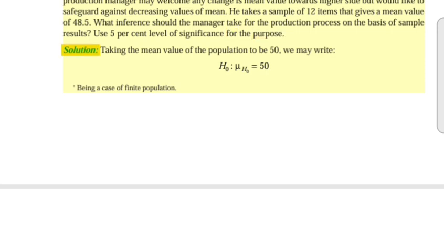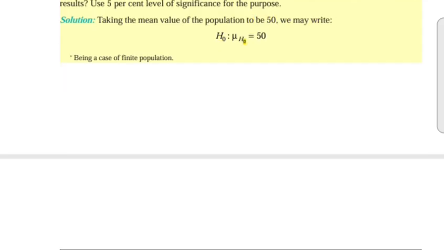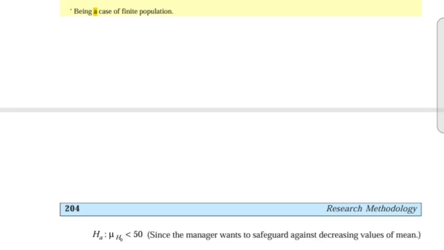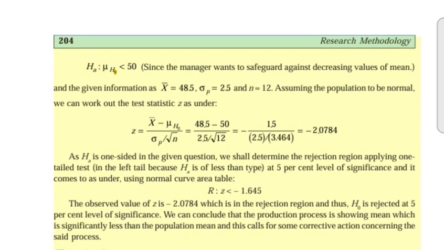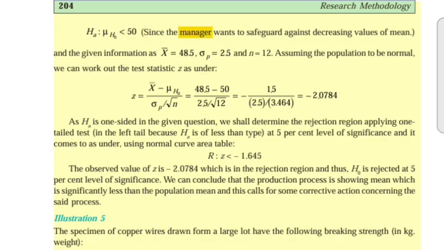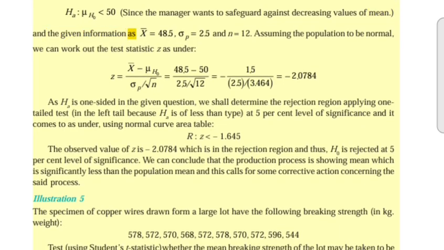Solution. Taking the mean value of the population to be 50, we may write H0: μ = 50, being a case of finite population. Ha: μ < 50, since the manager wants to safeguard against decreasing values of mean, and the given information is x̄ = 48.5, σ, and n = 12.